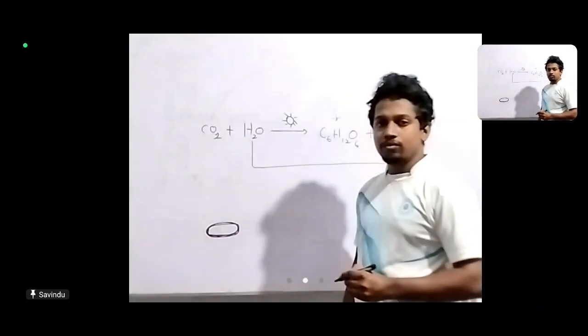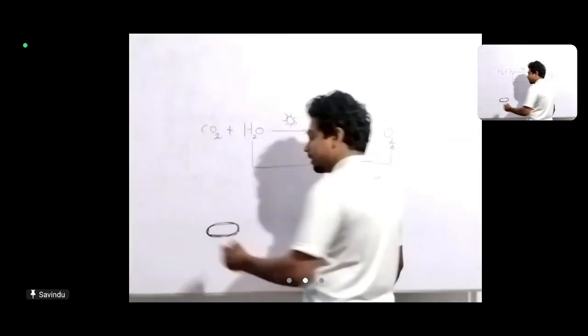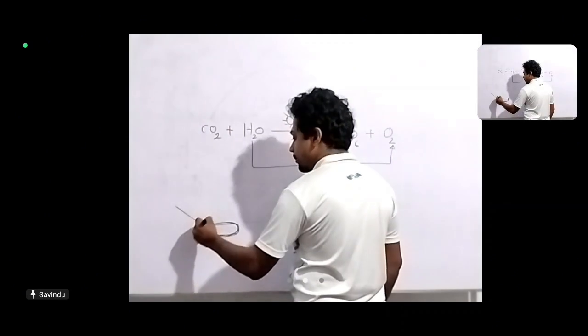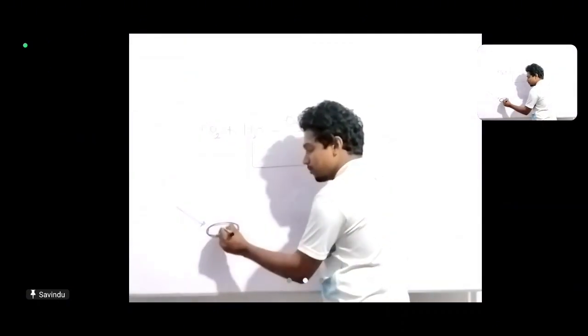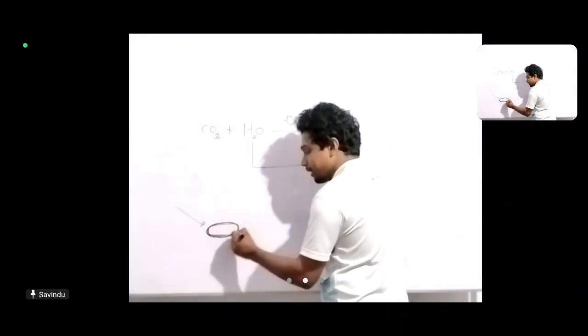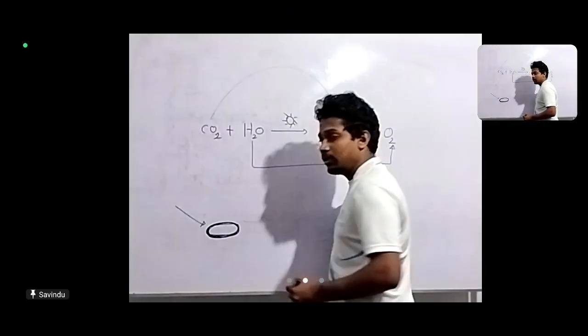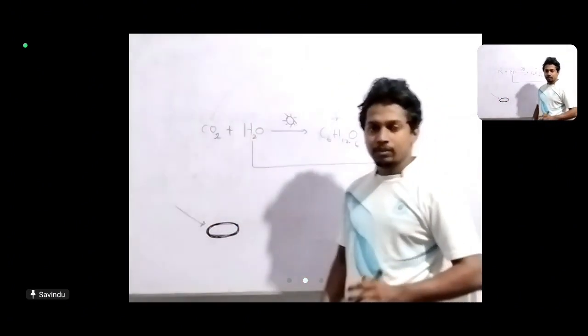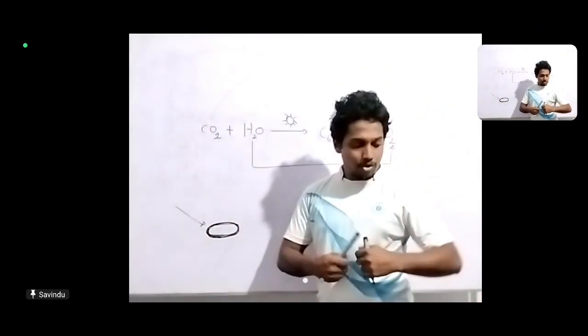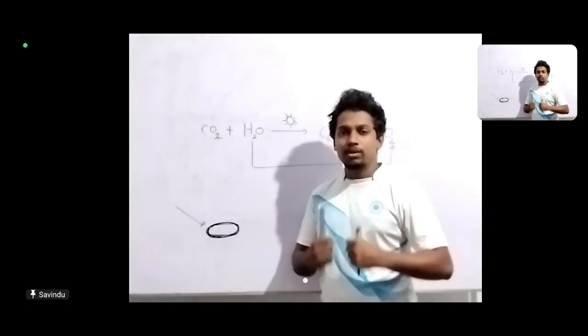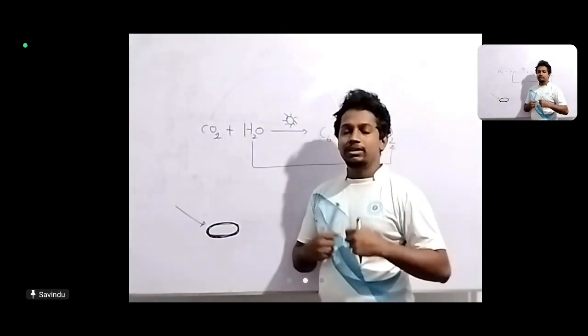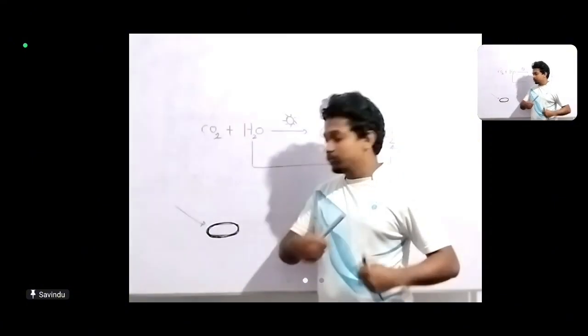This is the chlorophyll molecule, and when the light energy comes, the chlorophyll molecule is stimulated. This happens to all of us. When a problem comes, we become aggressive. When someone scolds you, you become aggressive.